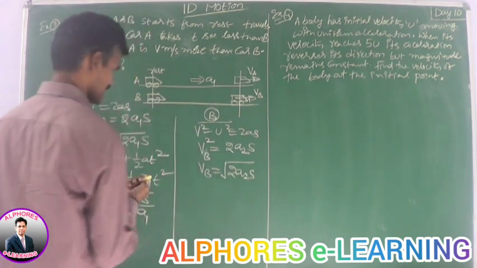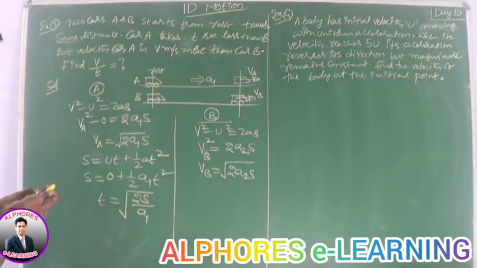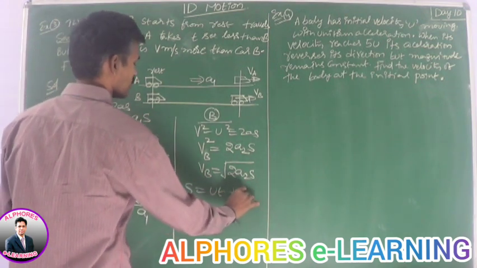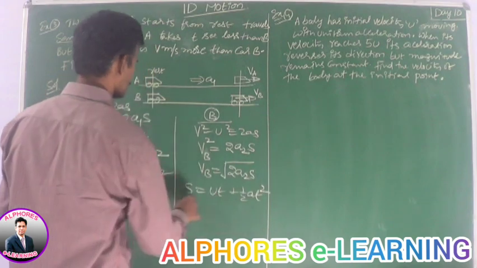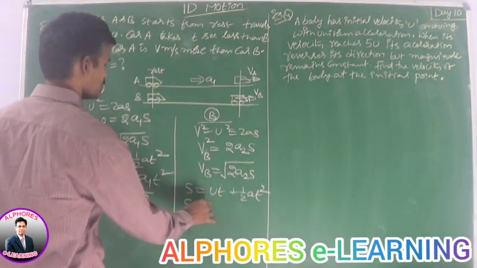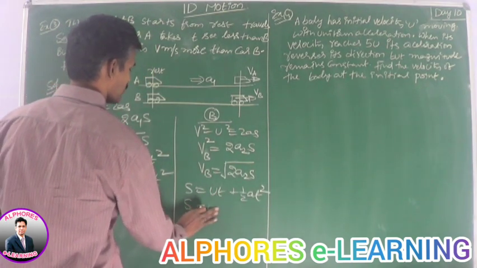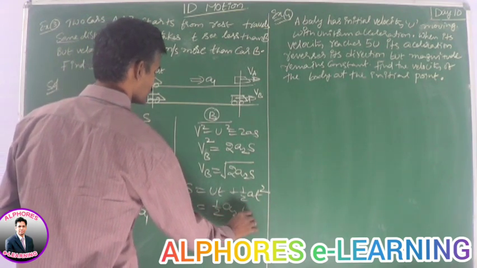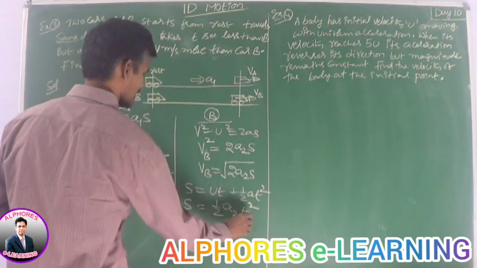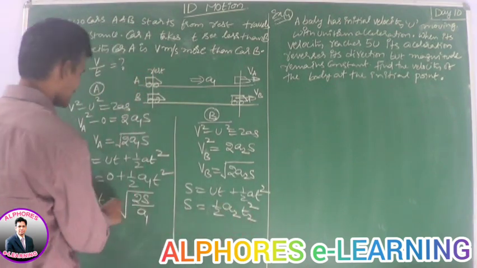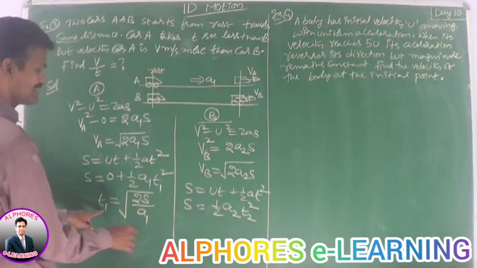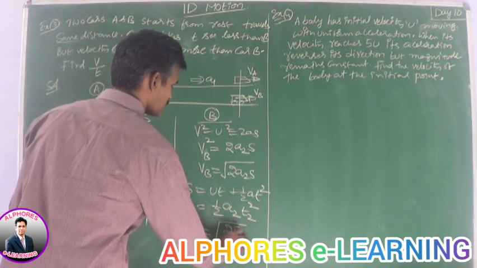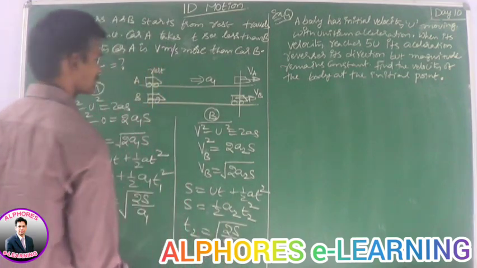Similarly, you can also calculate time taken with s is equal to ut plus half a t square. So s is equal to 0 plus half a2 into time t2 square. Here the time for the first car I am calling t1. So this t2 is under root 2s by a2.